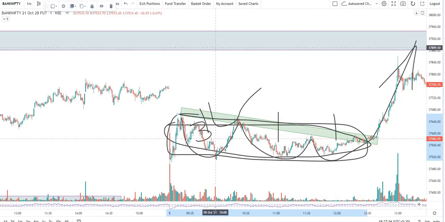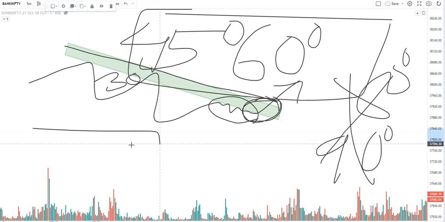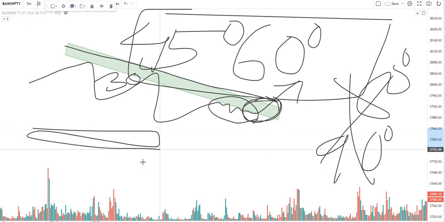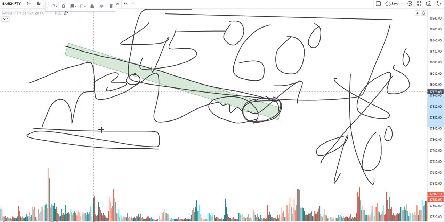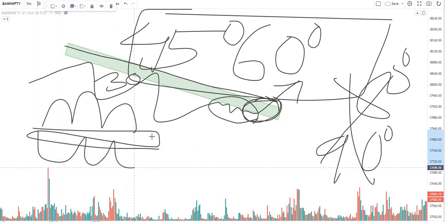So my advice: always find this type of zone, and this type of pattern with a big dip or a big rise gap, having a duration of minimum 30 minutes, then only try for the breakout. Of course, you have to follow volume and also any indicators you follow, on an add-on basis.